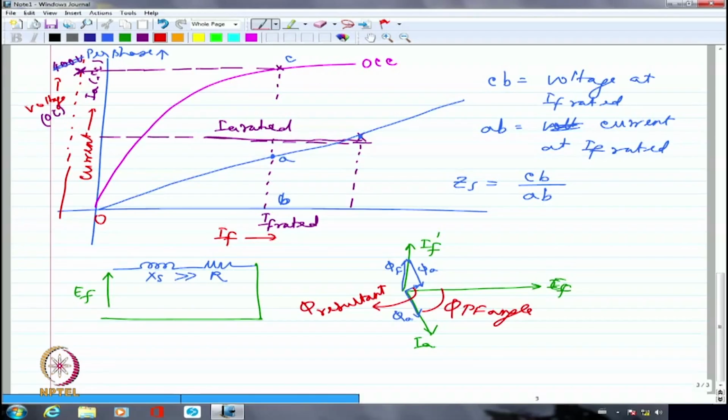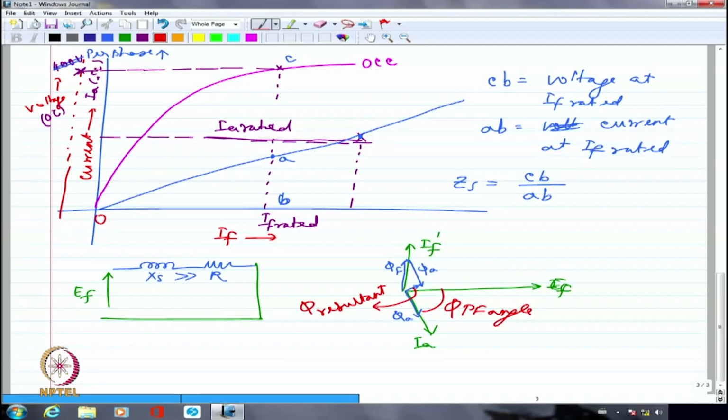See, this is IF rated. I have started from 0. When I came to IF rated, I was getting E rated under open circuit condition. This IA is under short circuit condition. Because the flux gets minimized tremendously under short circuit condition, even the voltage generated is somewhat compromised.